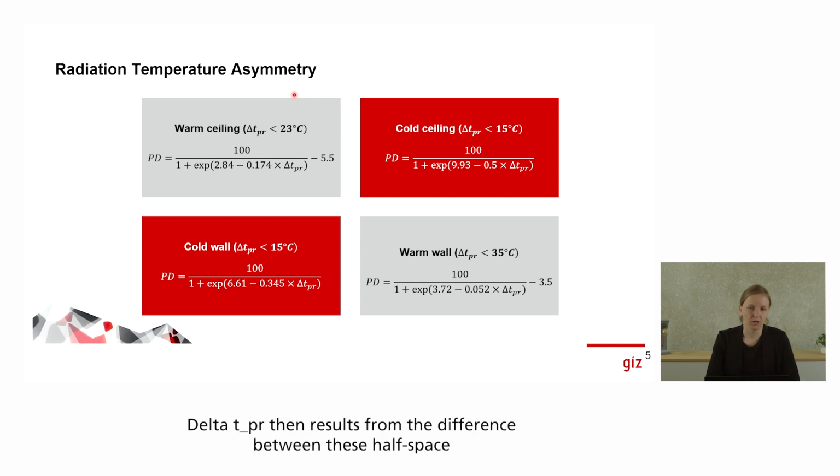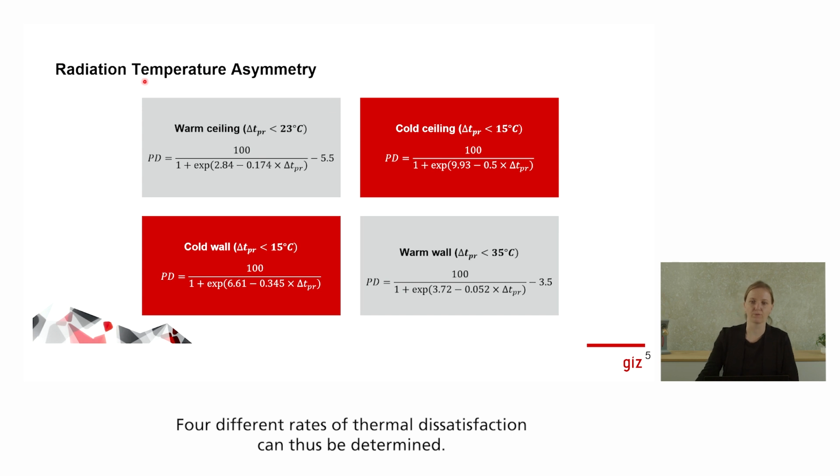Delta T PR then results from the difference between these half-space radiation temperatures and the human surface temperature. Whether a ceiling is then perceived as too warm or too cold is determined when this difference in the radiant temperatures is inserted into the formula for determining the percentage of dissatisfied people.